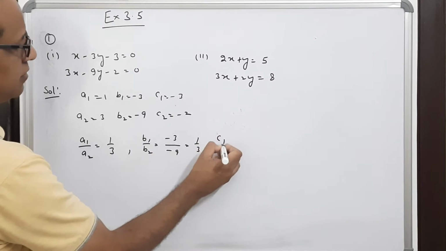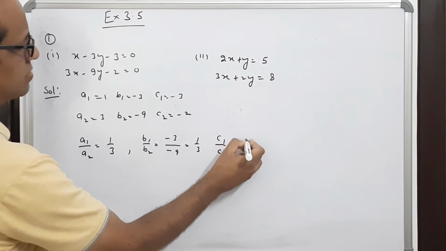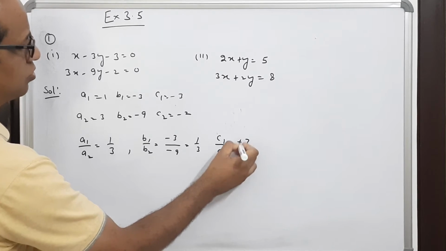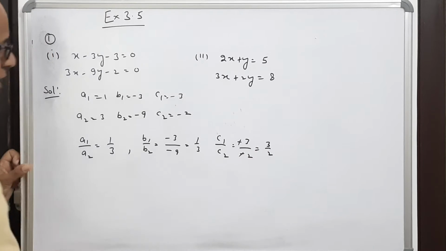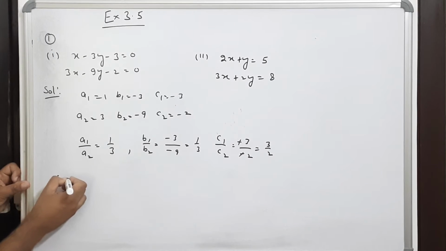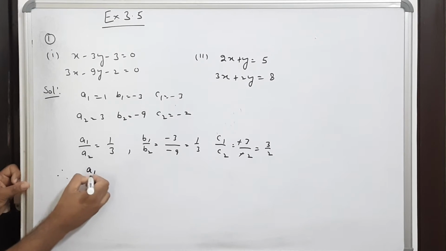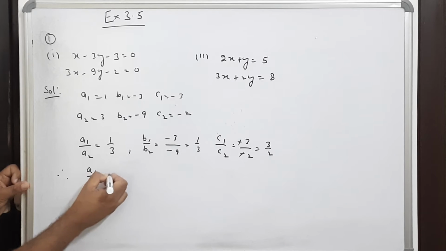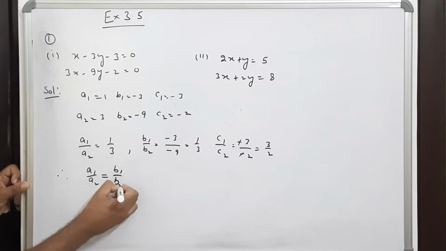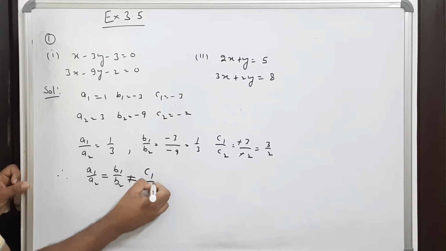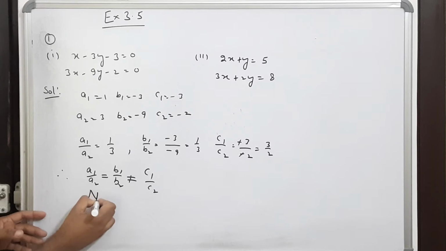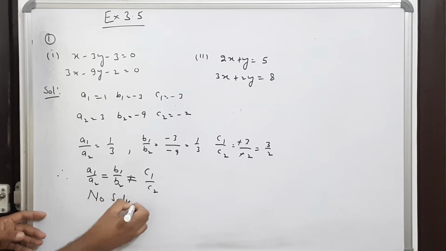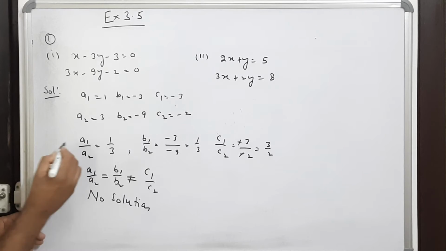So here C1 upon C2 is -3 upon -2, and when minus and minus cancel, it is 3 by 2. Now what we have observed is that A1 upon A2 is equal to B1 upon B2, not equal to C1 upon C2. So this is the condition of no solution. So in the first one, it is no solution.